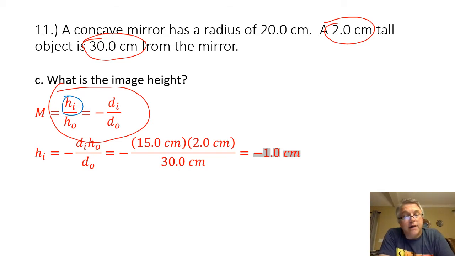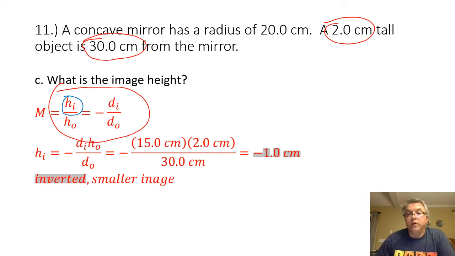So the negative sign tells me that the image is inverted. If I look at my object height, which was 2 centimeters, my image height is 1 centimeter, so it is going to be smaller. And once again, if we look at the ray diagram that we did in the first part, we will see that we do get a smaller image and that it is inverted, or upside down.